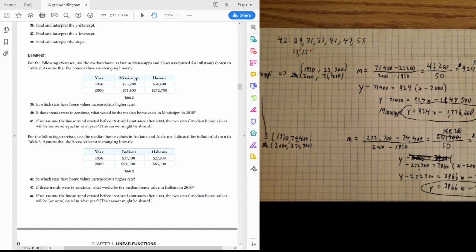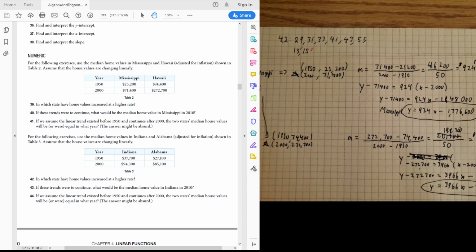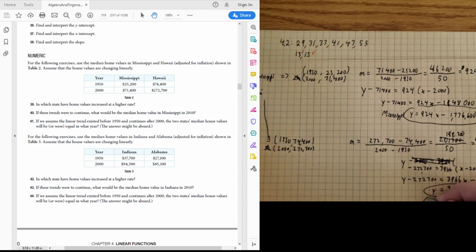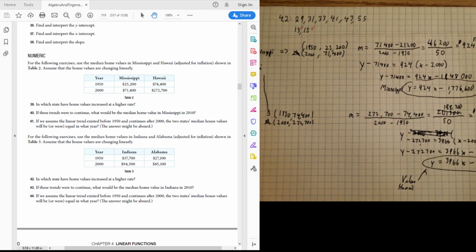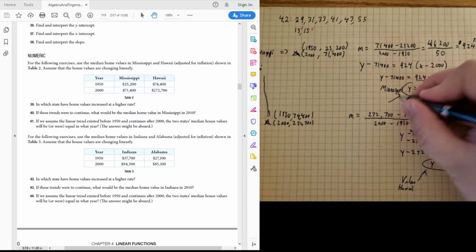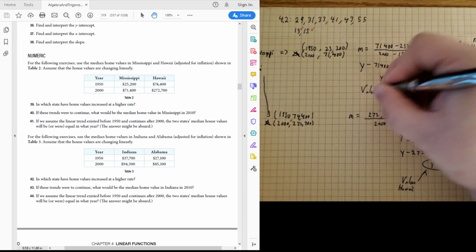Okay, we are still not done with 41 because the question asks us to assume they extended forever. At what point will these two values be equal? Remember, y is the value for Hawaii. But y up here is the value for Mississippi.